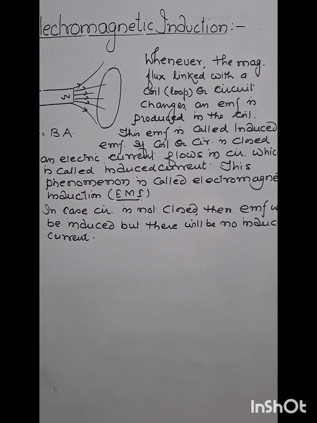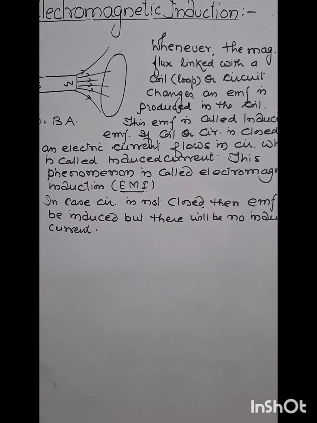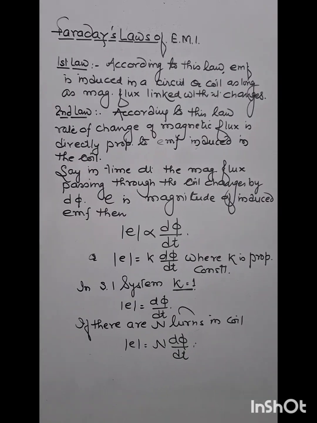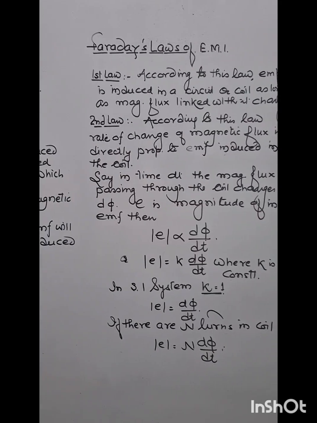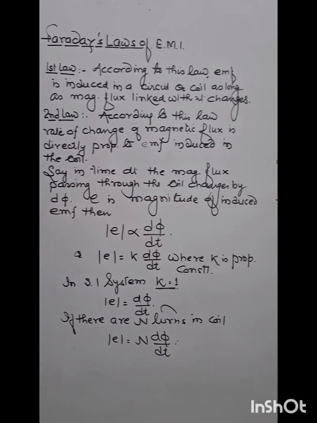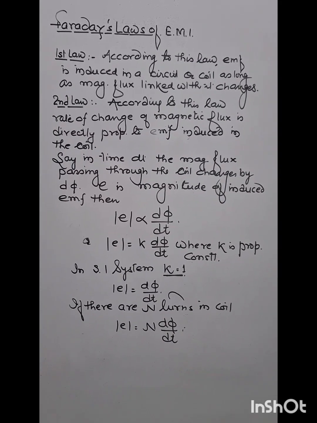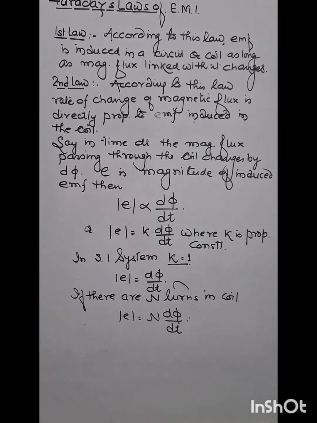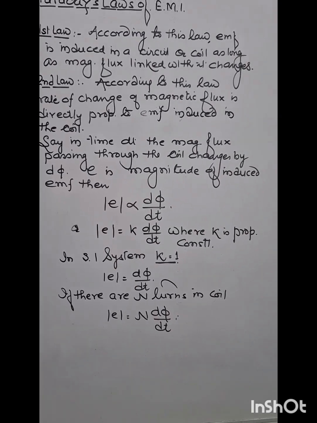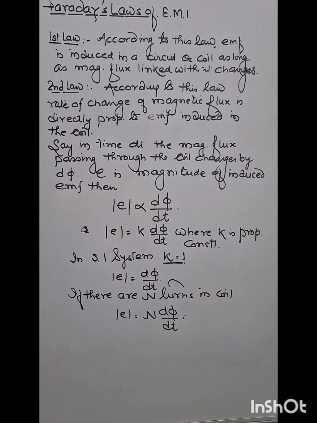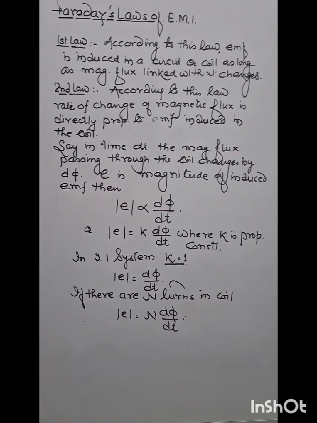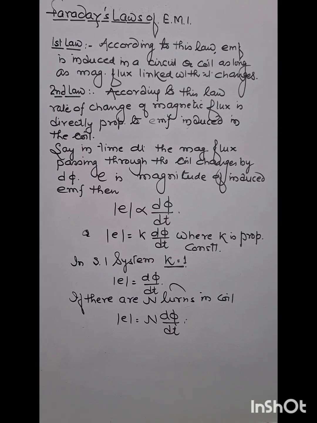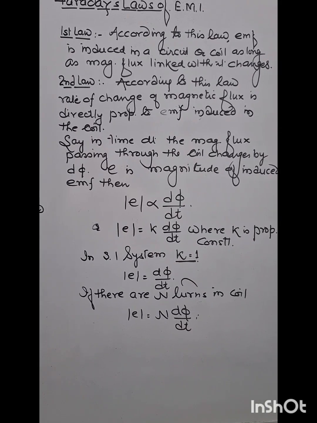On the topic of electromagnetic induction, scientist Faraday gave two important laws which are called Faraday's laws of electromagnetic induction. First law states that EMF is induced in a coil or circuit as long as the magnetic flux linked with the coil changes.